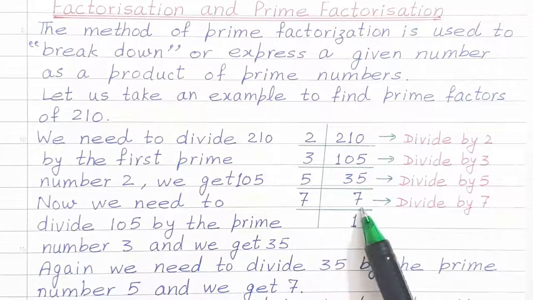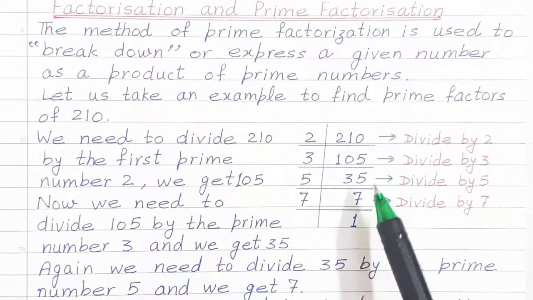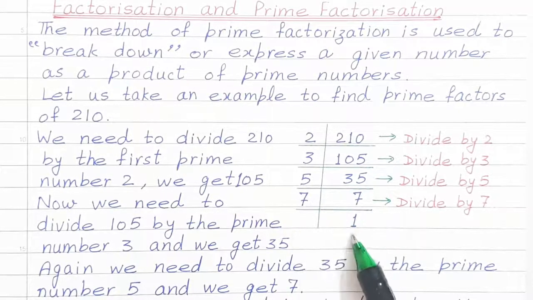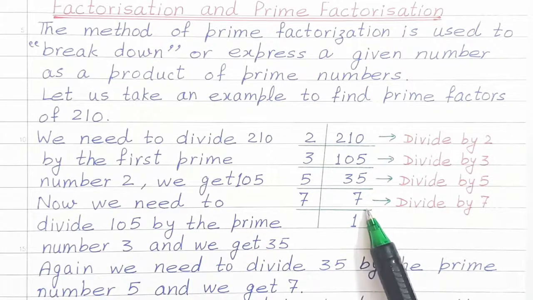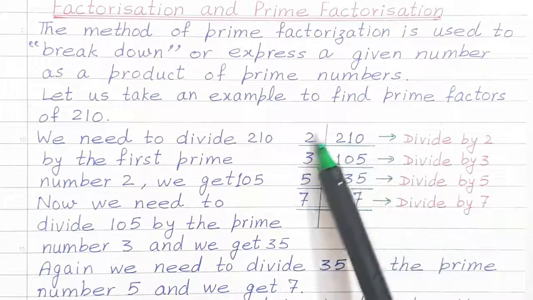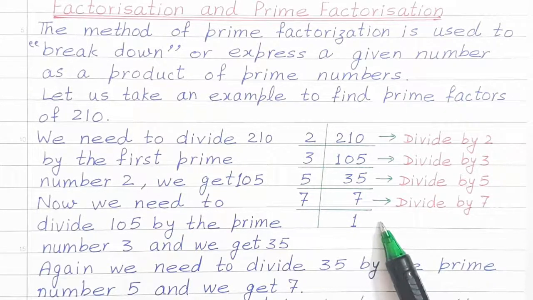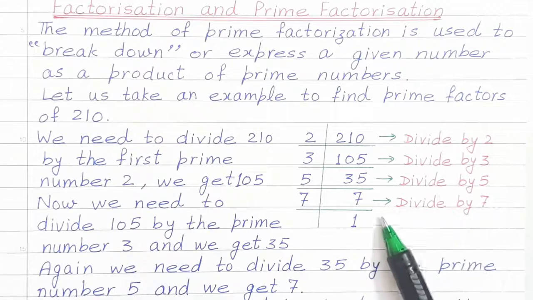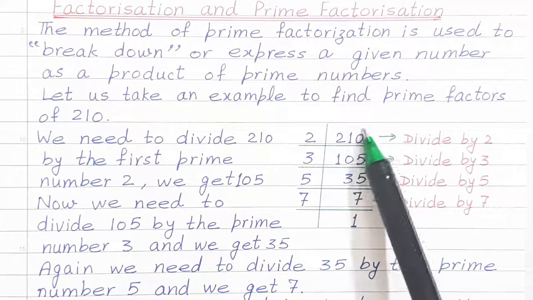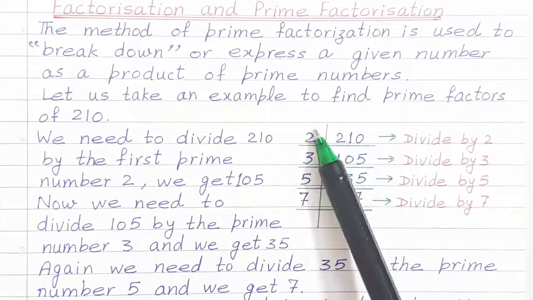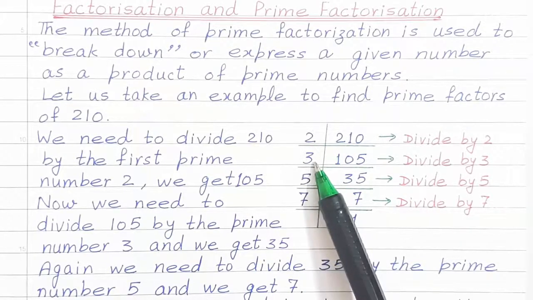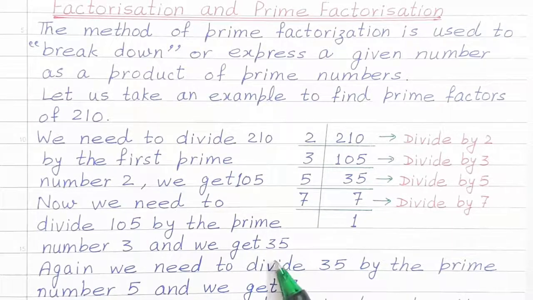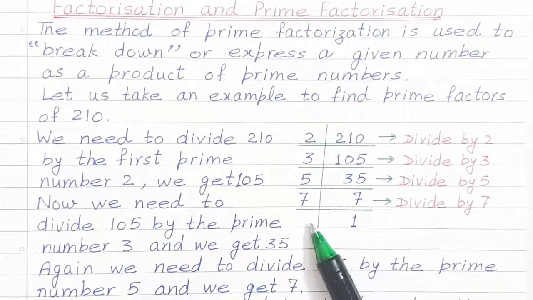So we get 7. 5 sevens are 35. And at the last, 7 ones are 7. I hope, students, you all know how to do prime factorization of a number. Clear? So, the prime factors of 210 are 2 multiplied by 3 multiplied by 5 multiplied by 7. I hope it is clear to you now.